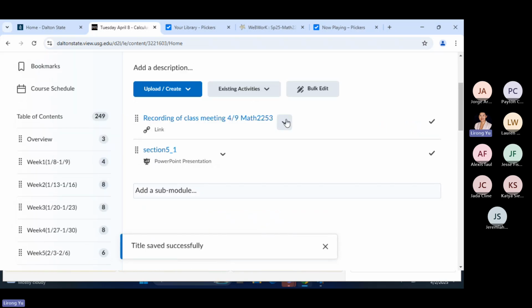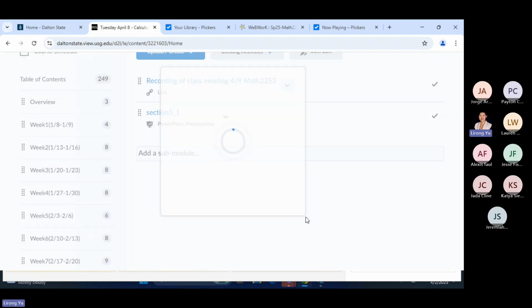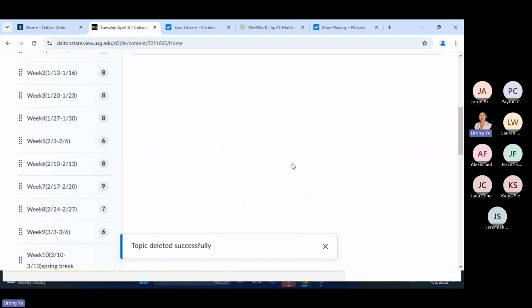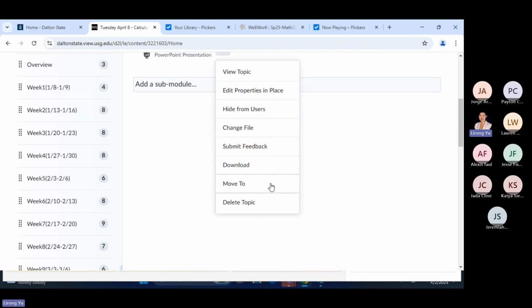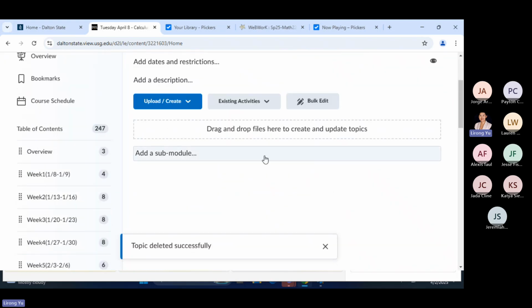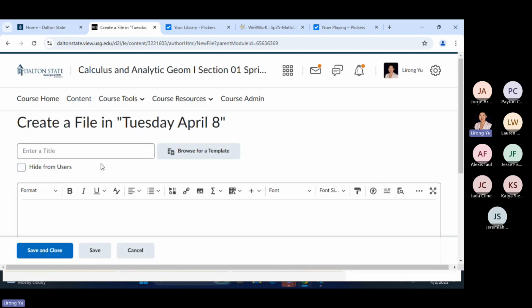So let's try, that was the past recording from past classes. Let me remove that and also remove this. It looks like our schedule is tighter than last time when I was teaching the same class. But the ultimate goal is to have everybody's homework done. And so that will be our new test day.